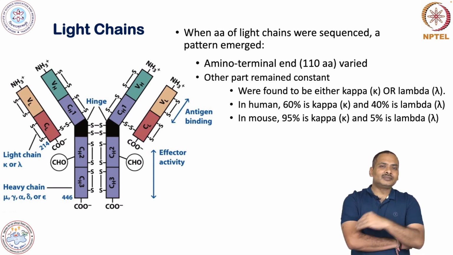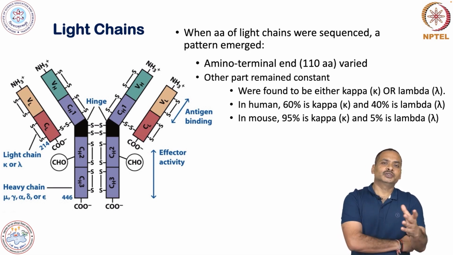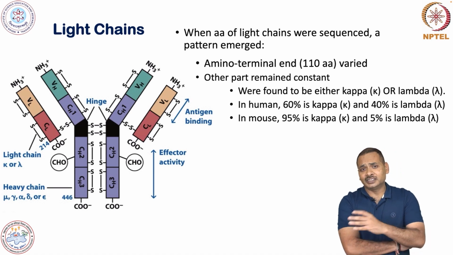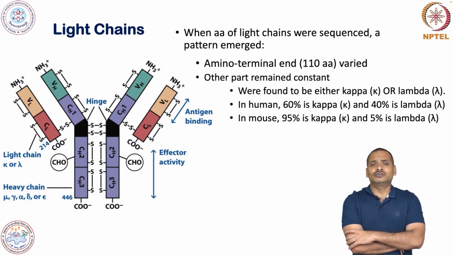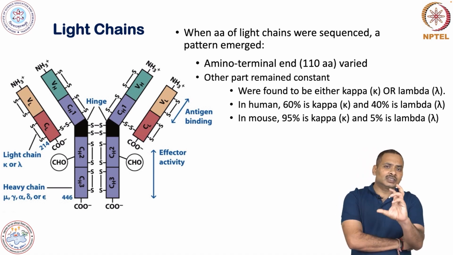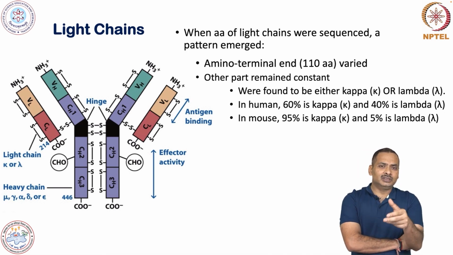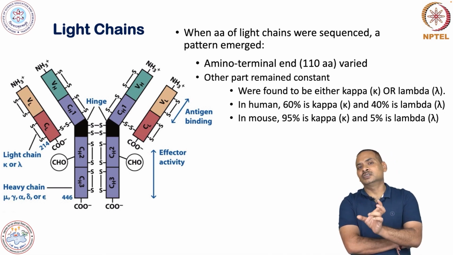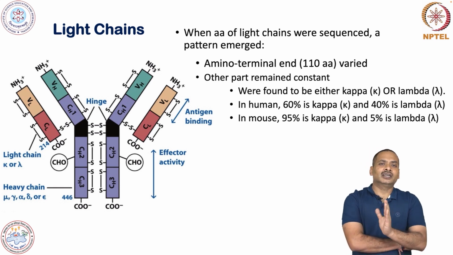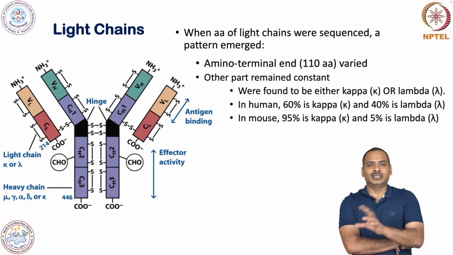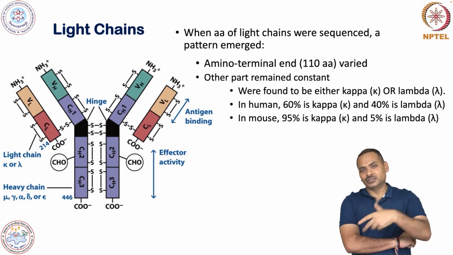Okay, approximately 100 amino acids. If you see the structure, the light chain consists of 214 amino acids. So the first 110 are variable, and the rest, approximately 100 amino acids, are either kappa type or lambda type. There are two categories of sequences.